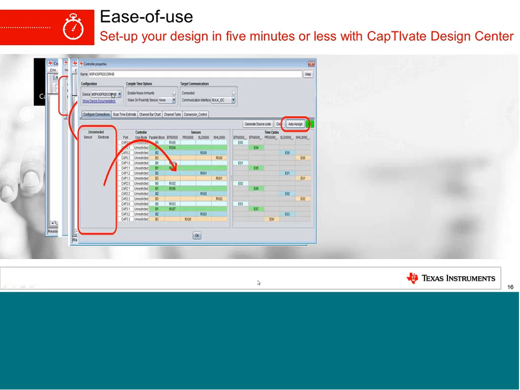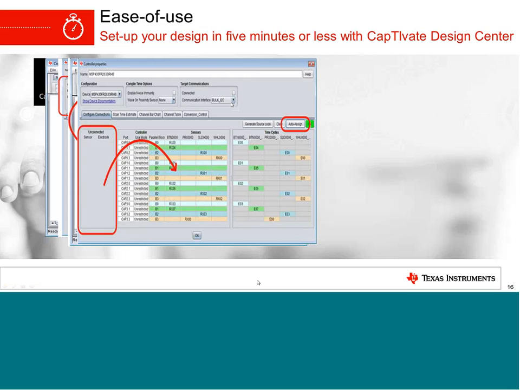Based on the device you pick, this tool automatically assigns the sensors to the various IOs in the most effective manner possible. You simply click Auto Assign, and it'll tell you how to connect what sensor to what IOs. It also takes into account that there are 4 parallel scanning blocks on the device, and it allows you to fully optimize your power consumption based on the 4 parallel scans that the device has.